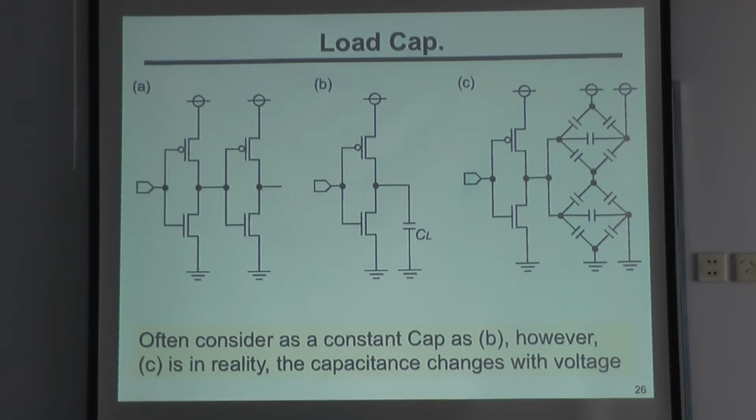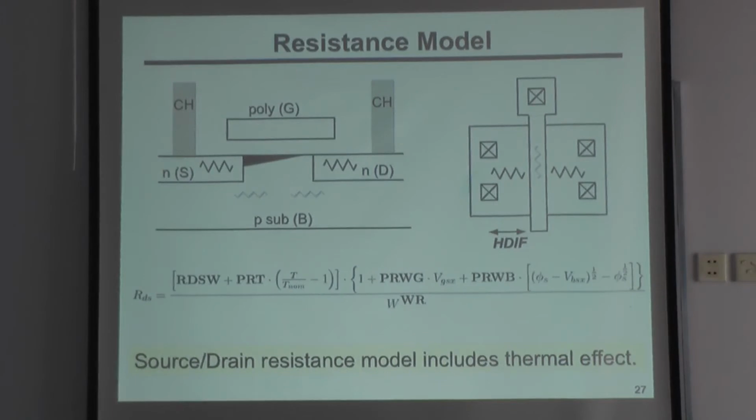So this simplification is very simplified. Actually we have a more complicated capacitance network, and these capacitors depend on the gate voltage. We also have resistance in the source area and drain area, in the body area, and in the gate area.